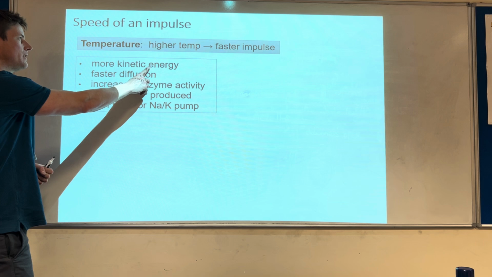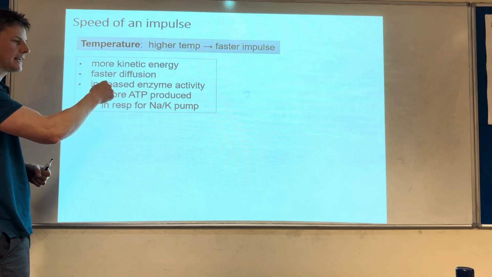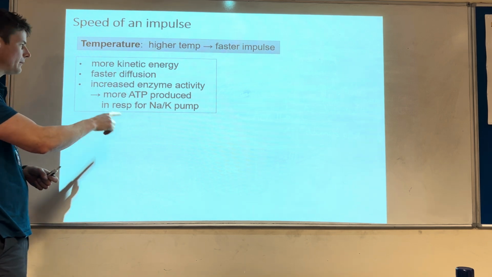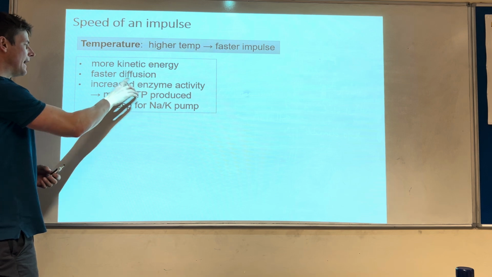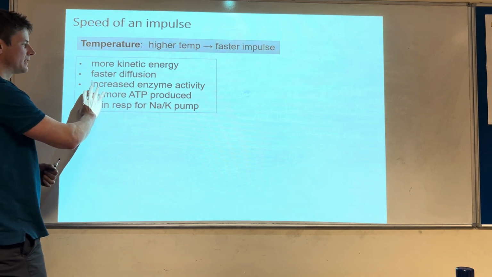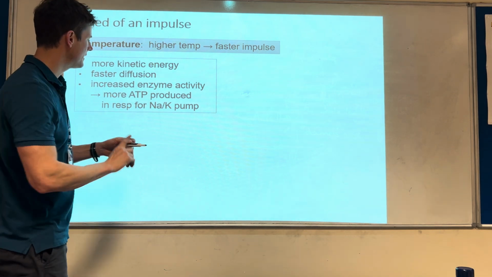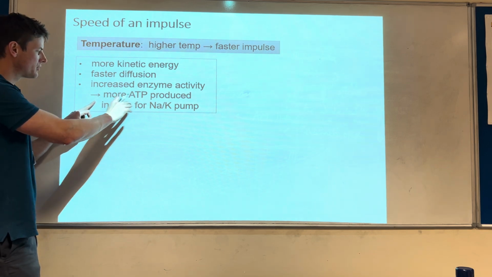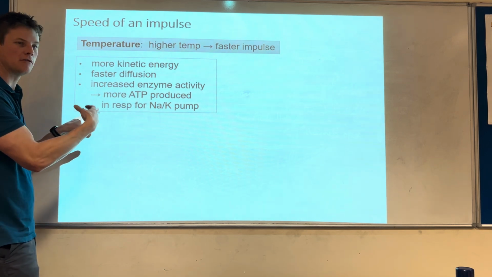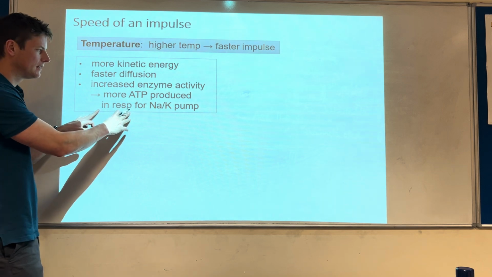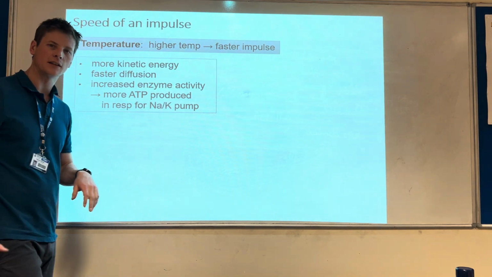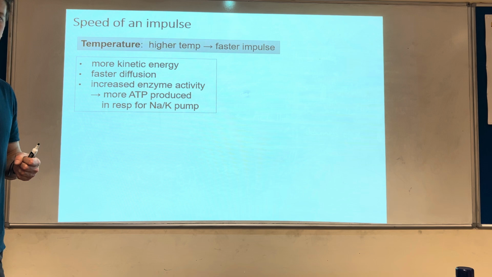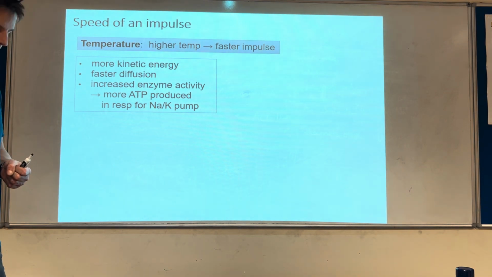More kinetic energy, so the ions have more kinetic energy, therefore they will diffuse faster, and at higher temperatures there will be greater enzyme activity. For example, more ATP can be produced because the rate of respiration may be greater. More ATP can be provided to that sodium-potassium pump to re-establish the resting potentials.